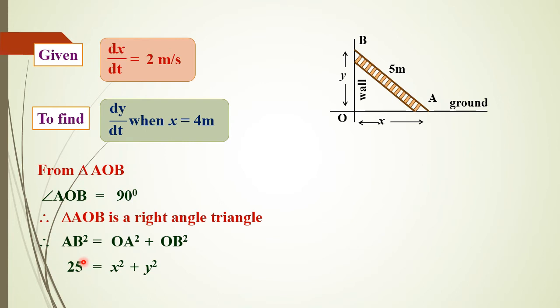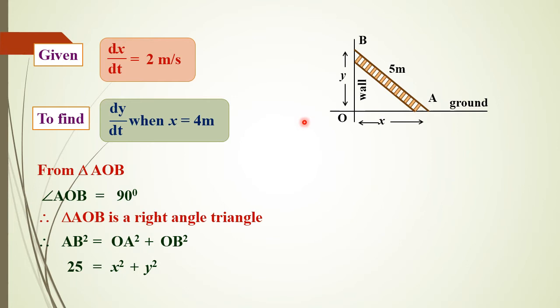Next, in the given question, the length of the ladder is 5 meter. It is given. Then the ladder is being dragged at 2 meter for every second away from the wall.